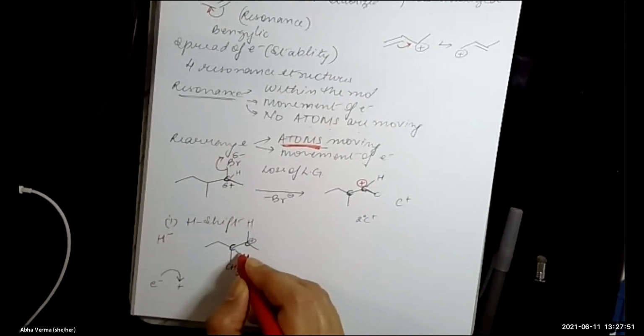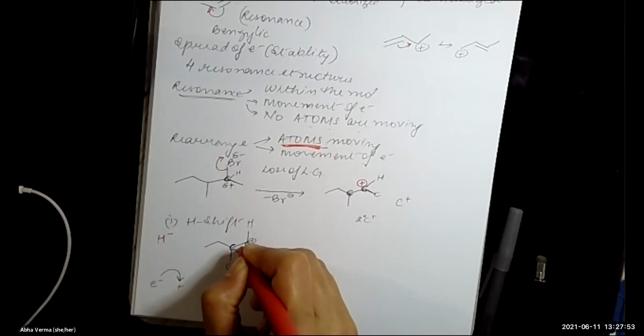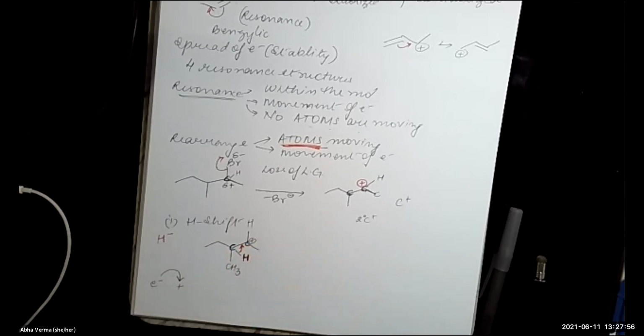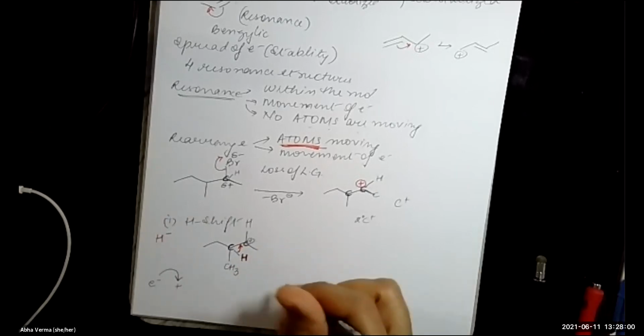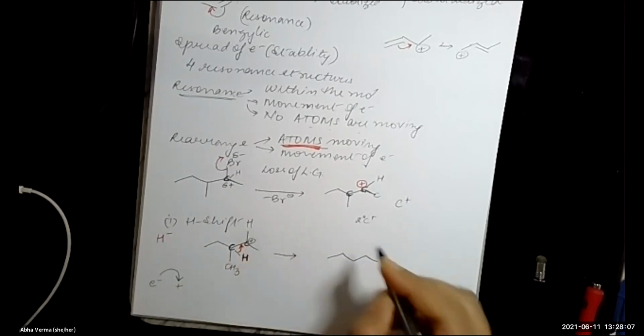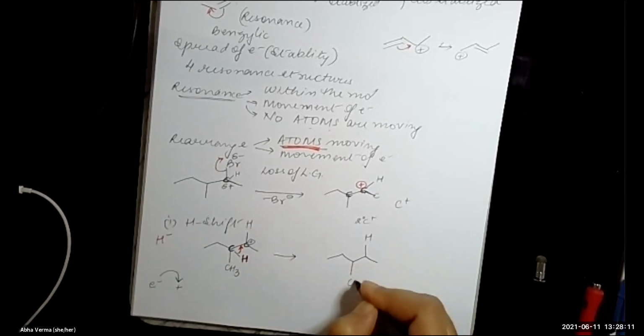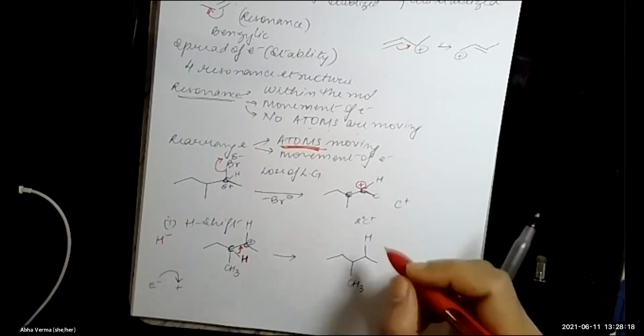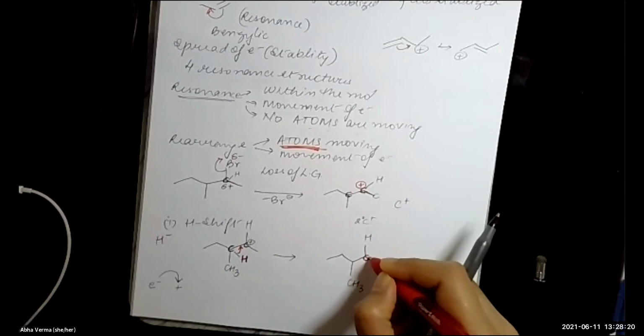The hydride shifts on this bond. And what do we get? We will make our main structure just like that. This hydrogen stays here. This methyl group stays here. But what has shifted? This hydrogen has shifted to this carbon.